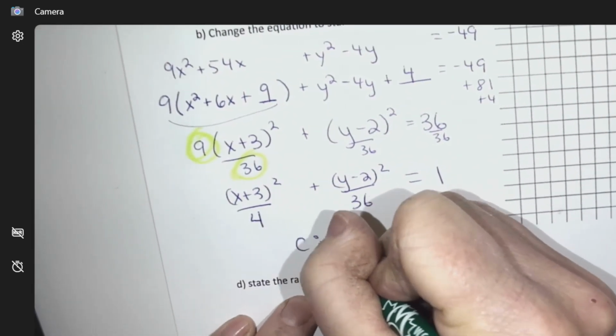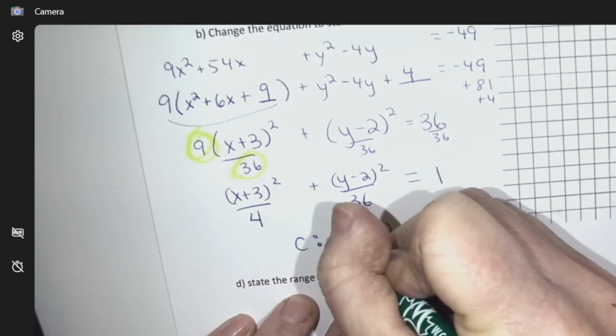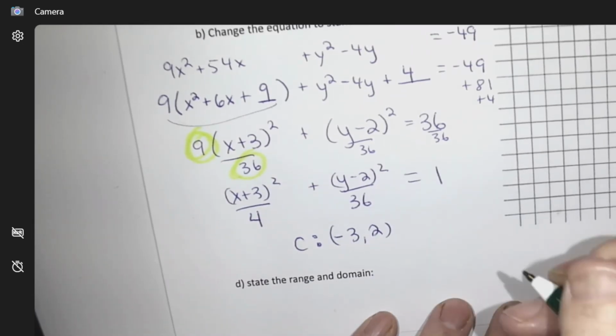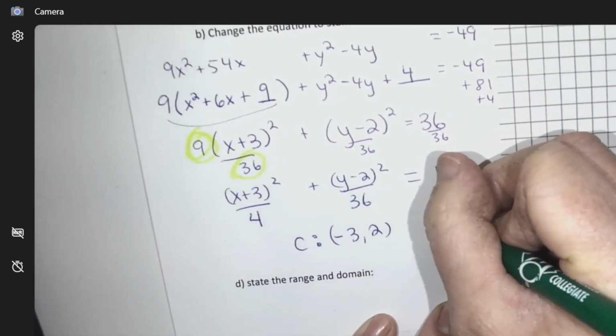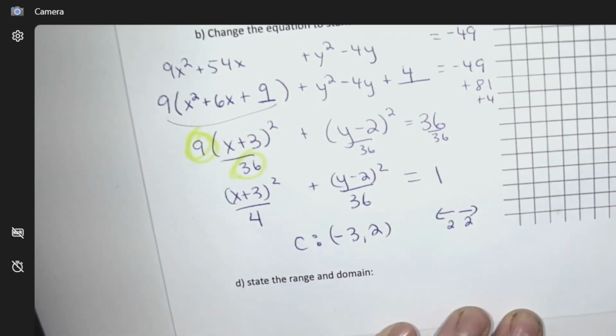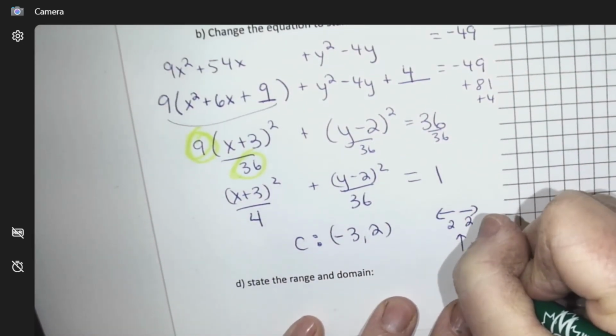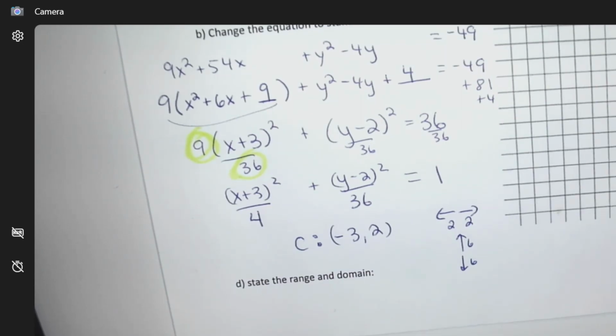Okay, we have a center, -3, 2. We're going to horizontally move out 2, and we're going to vertically move 6.